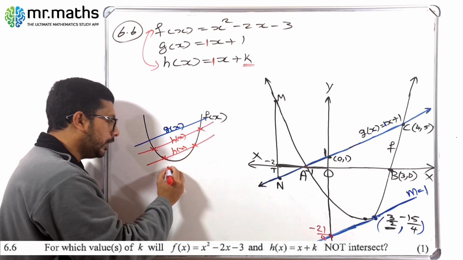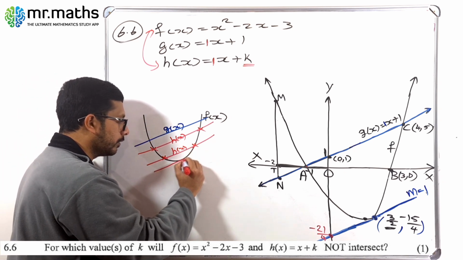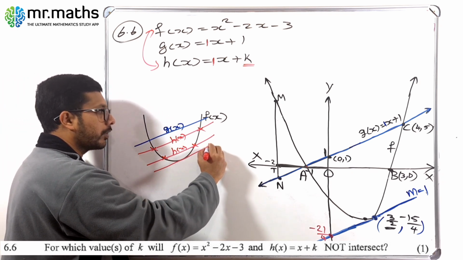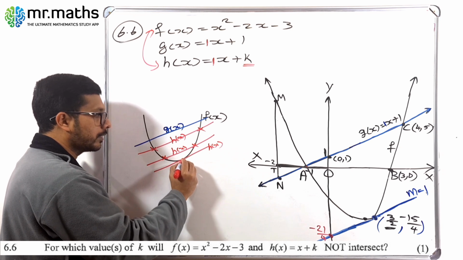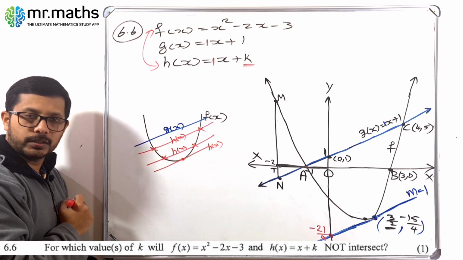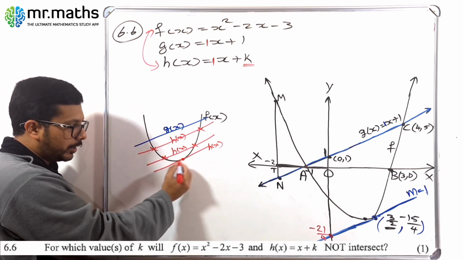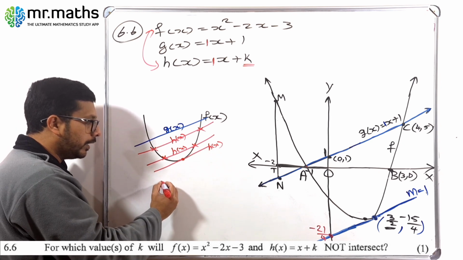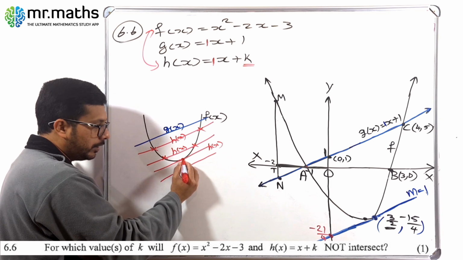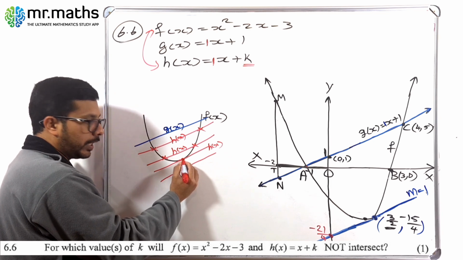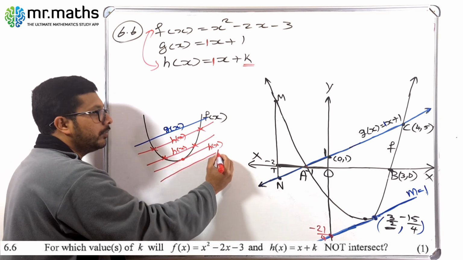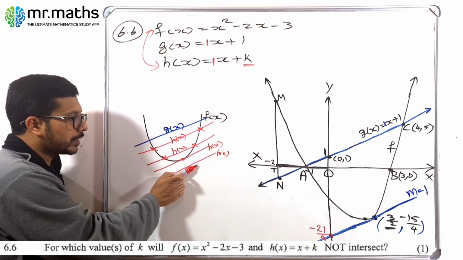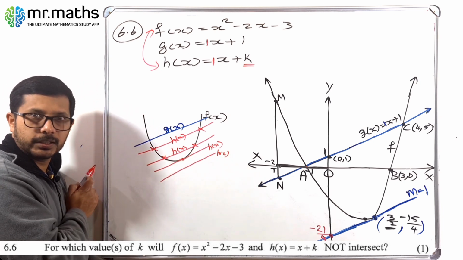Okay, what about here? There also it is not possible because this is our h of x graph, and there is an intersecting point. That means that it is a tangent that I draw. But if I draw an h of x below this touching point, the tangent point, then if this one is the h of x graph, we can say that this h of x and this f of x are not intersecting.